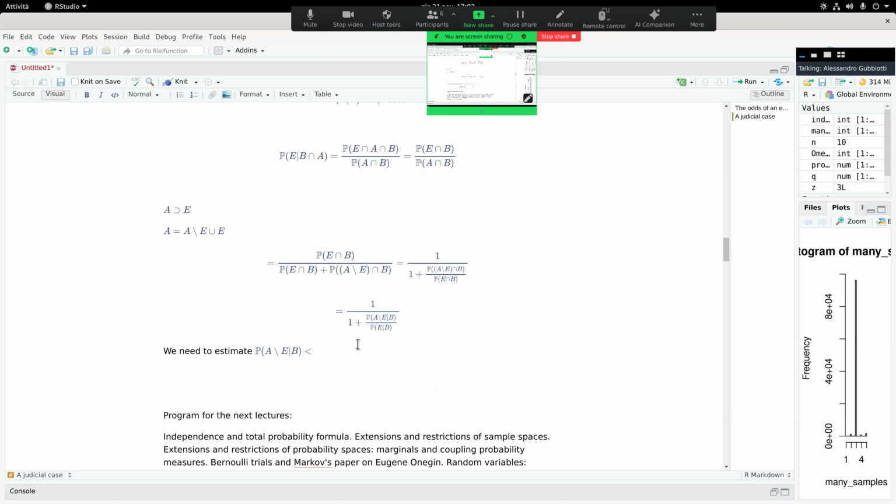Well, this is equal to the probability of E, that somebody else killed her, given that her husband beat her.